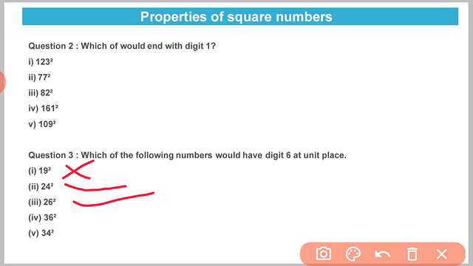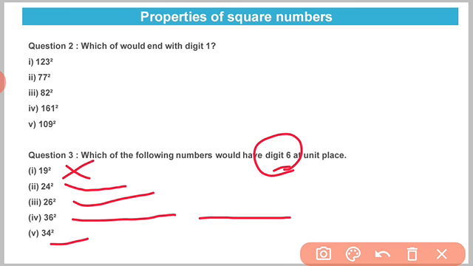Similarly, 26 squared, it will also end with digit 6. 36 squared, the square number obtained after squaring 36 will end with digit 6. 34 squared, after squaring 34, the number which we will obtain will end with 6.